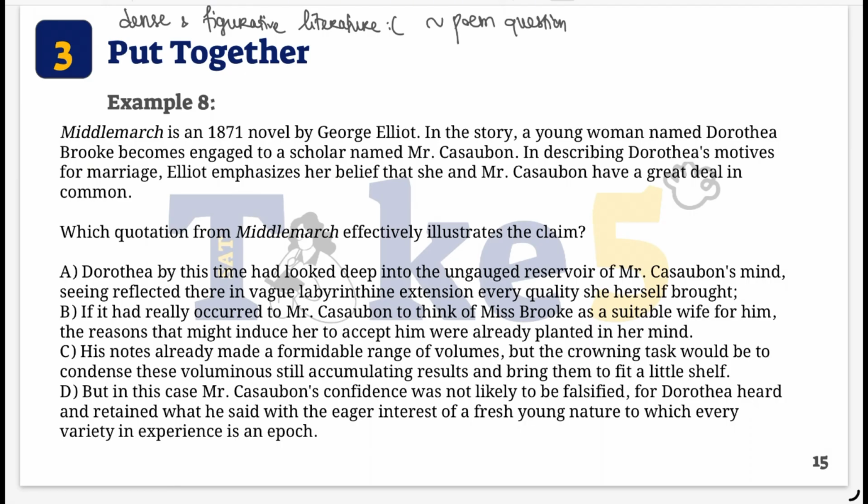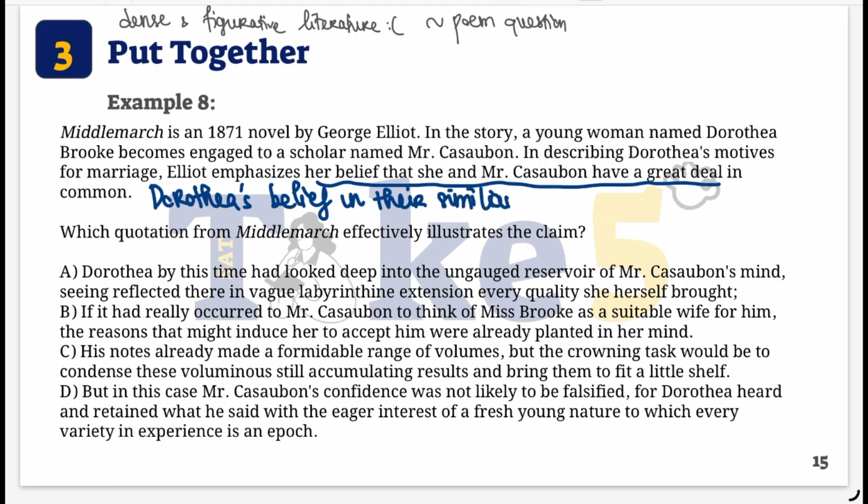What is the claim? That Dorothea believes she and Mr. Casaubon may have many things in common. The correct answer must therefore emphasize Dorothea's belief in their similarity. This is generally a positive feeling. A says that Dorothea, looking deep into his mind, seeing reflected there every quality she herself brought.